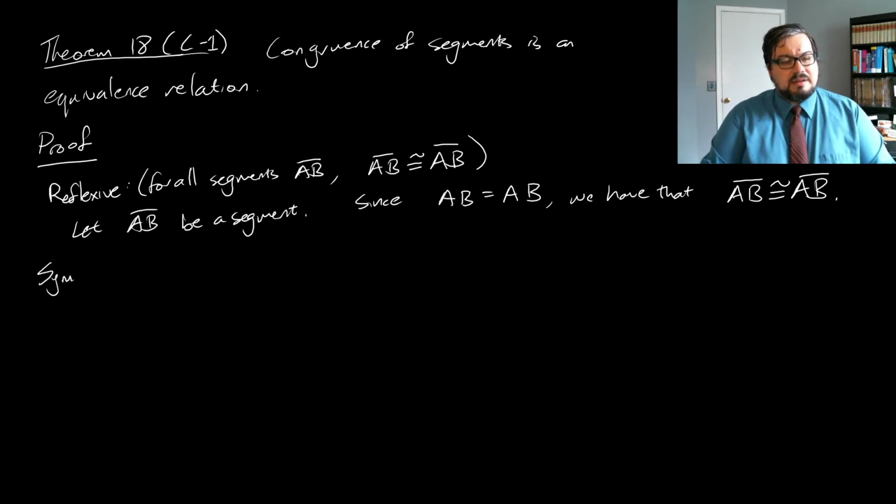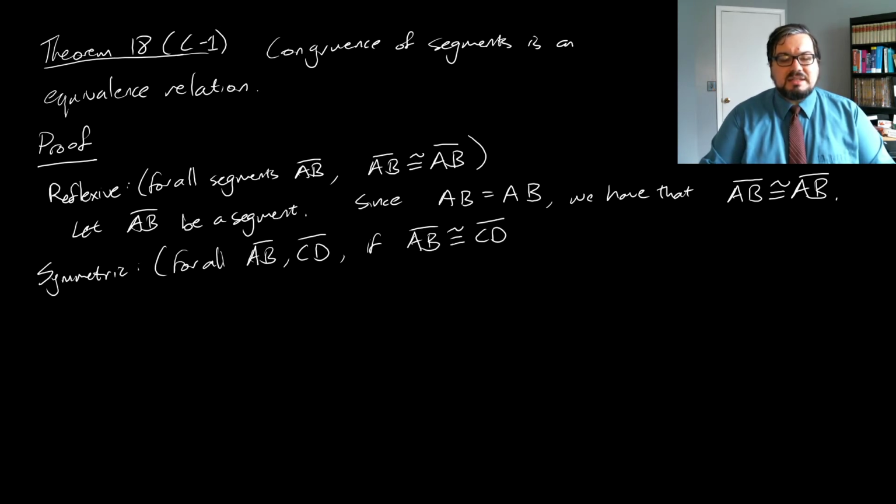Next we need a symmetric relation, which means for all segments AB and CD, if the segment AB is congruent to the segment CD, then the segment CD is congruent to the segment AB.